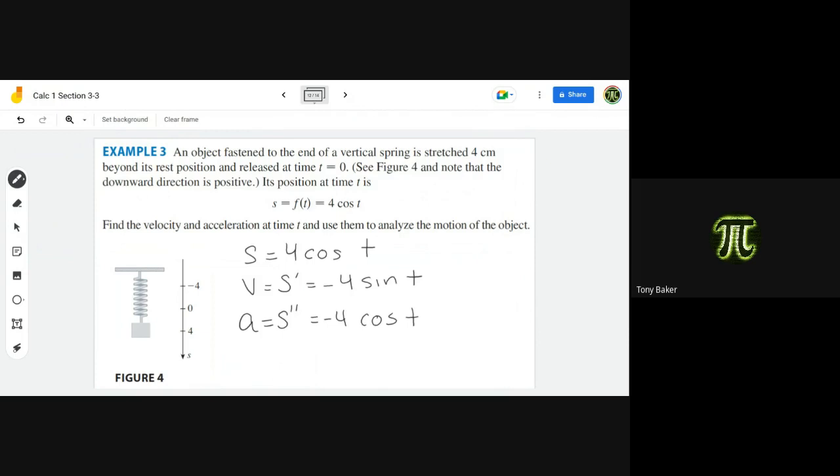Or -4 sine of t. So your peak appears at where in sine of t? Just sine of t. Where do your peaks appear? Yes, the values are 1 and -1, but where on the x-axis do they occur?